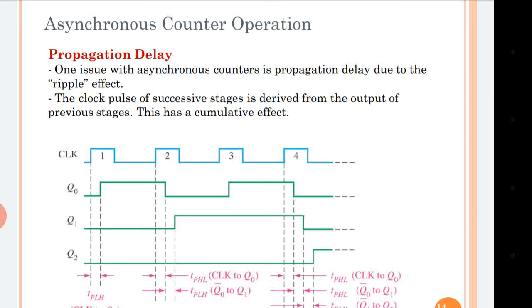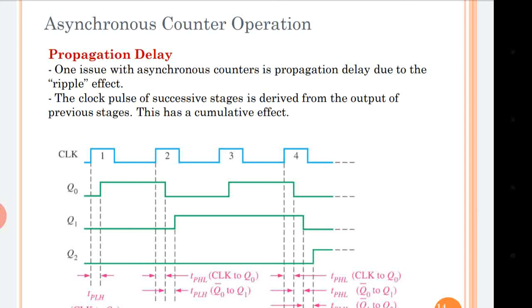The second flip flop will respond to the output of the first, and the third flip flop will respond to the output of the second. As shown in this diagram, the propagation delay will go on adding, and as the number of flip flops increases, the propagation delay will increase.